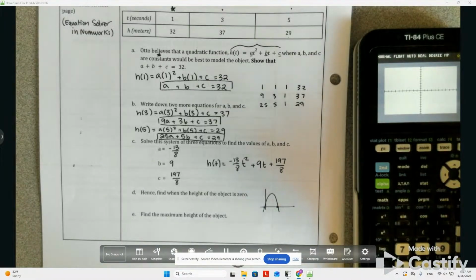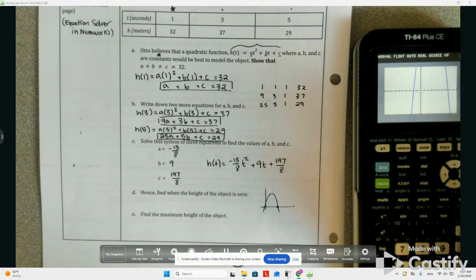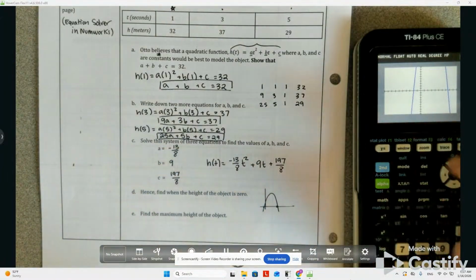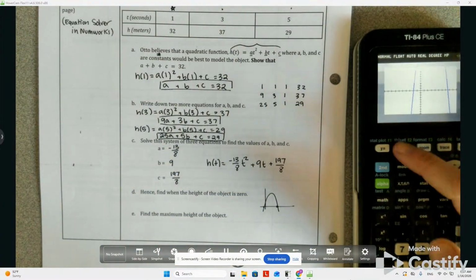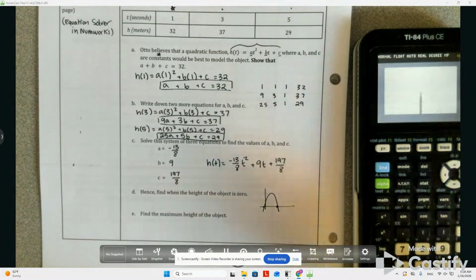So let's hit graph, and no clue if my window will be appropriate. It looks not too bad. So I could just go ahead and solve it here. I'm eventually going to need to find the maximum, so I'm just going to adjust my window so it goes maybe y max of 100 feels good enough based on what I saw. We'll see.